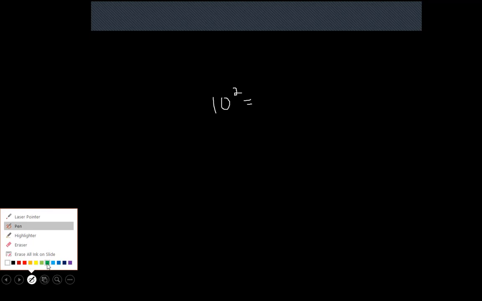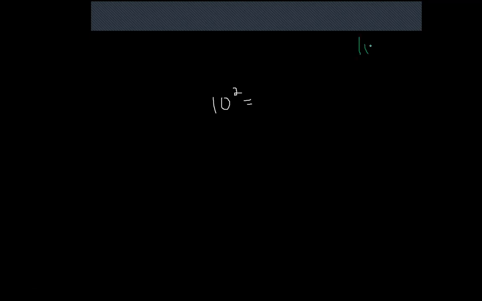Is log 10. Wait, repeat. Log 10. Oh, wait. I put in the 10 down here or here? 10 down here. So where do I put the 10? Putting it here? 10 is the base, or putting it here?